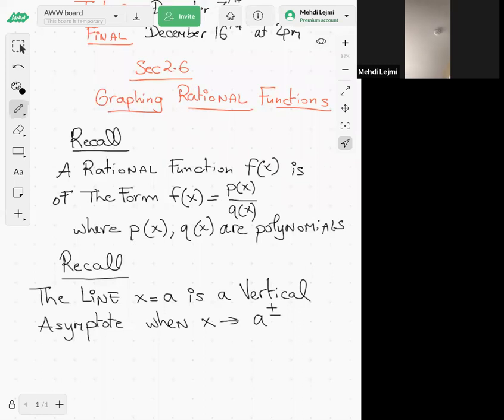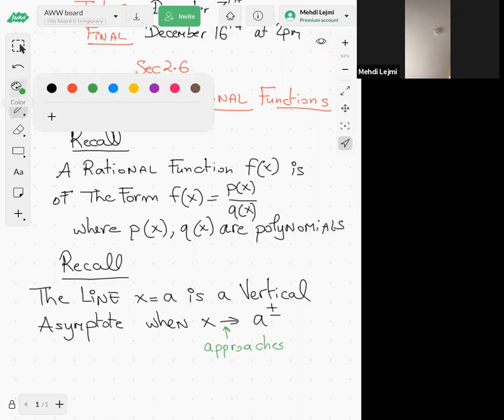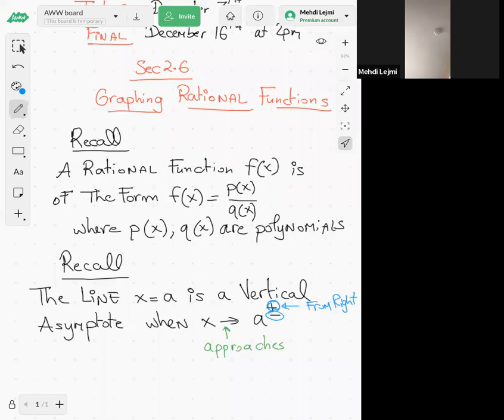Remind you, this arrow means x approaches a, and the plus or minus means from the left or from the right. The plus is when x approaches a from the right, and the minus when x approaches a from the left.